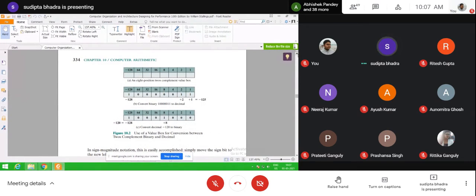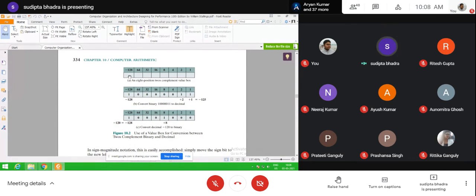please follow this figure 10.2, showing how two's complement binary numbers are converted to decimal and decimal to binary. If we take an 8-position two's complement value box, it means 8 bits are used.